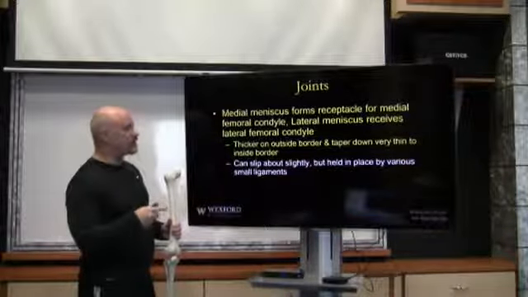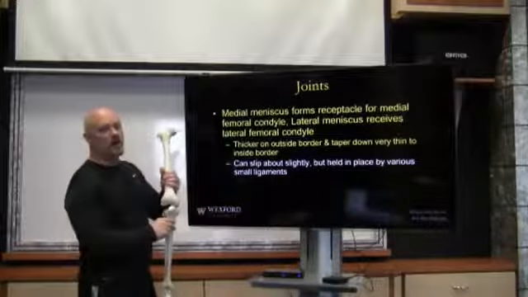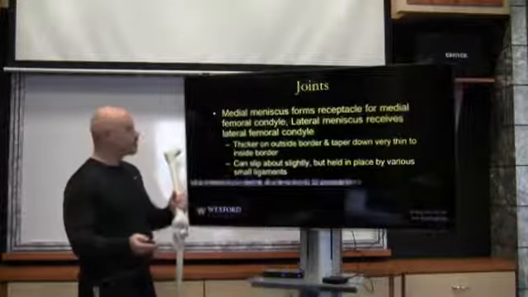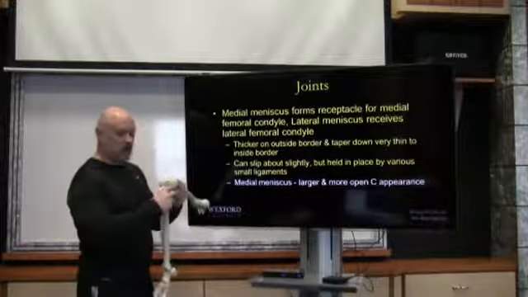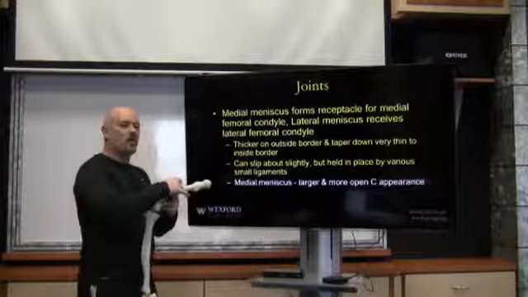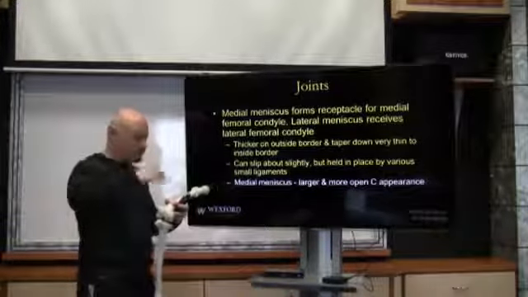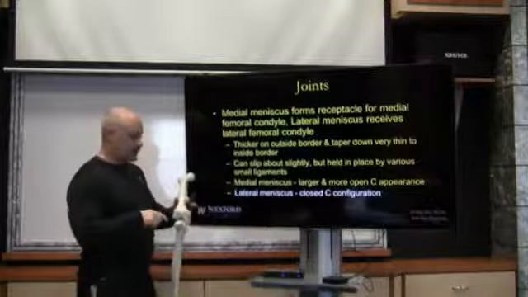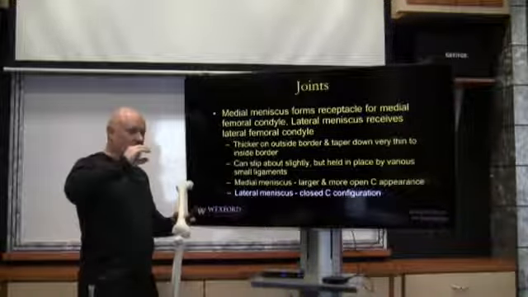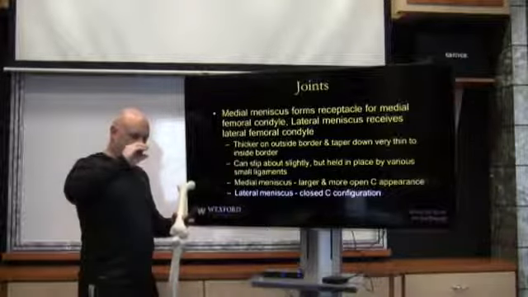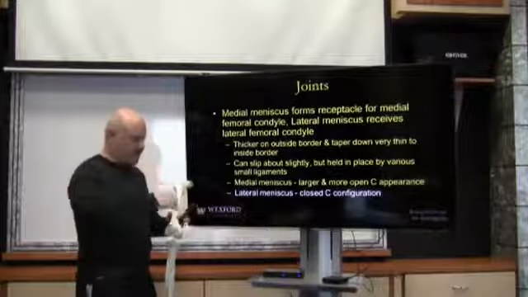Now this can slip about slightly, but it's held together by various smaller ligaments. The medial meniscus is much larger and has more of an open C appearance. The lateral meniscus has more of a closed C appearance. So remember, medial has a big C, lateral has a little c.